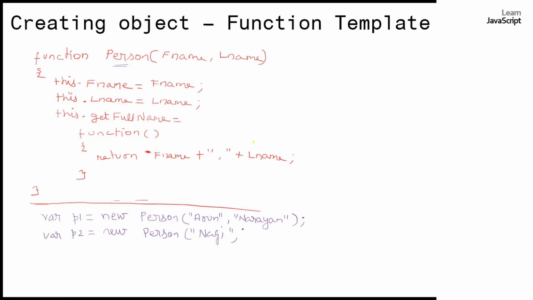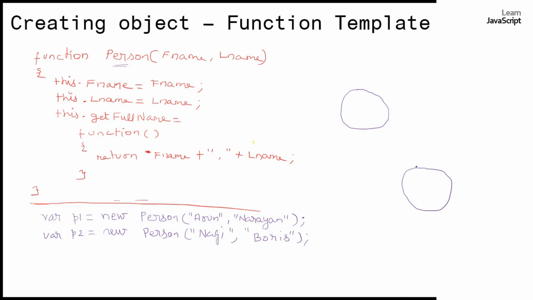Then second parameter, let's say Boris. So if you see now, it just creates two objects in memory.